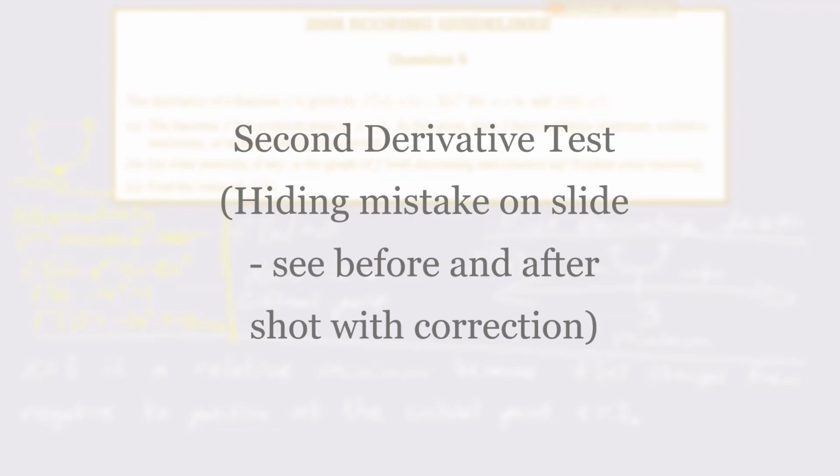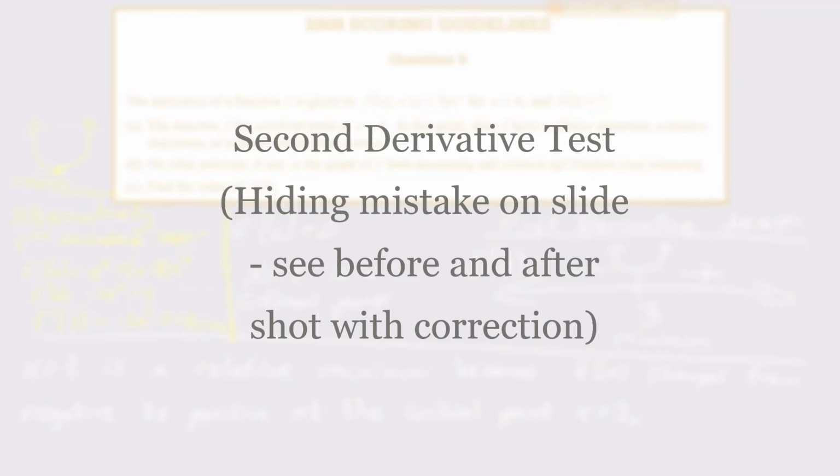I have a hard time guessing what e cubed is going to be without a calculator. But I do want you guys to be able to do the second derivative test because it is possible for College Board to give you a question where this second derivative test is going to be faster, or to ask you in the multiple choice about the second derivative test. So they'll give you information about the concavity, and they'll tell you that the slope is 0, and then ask you, is this a relative minimum, maximum, or neither?